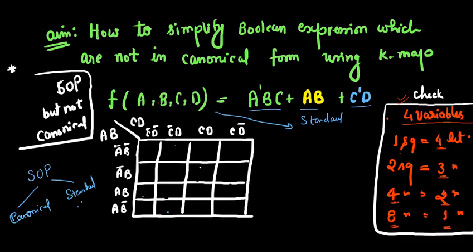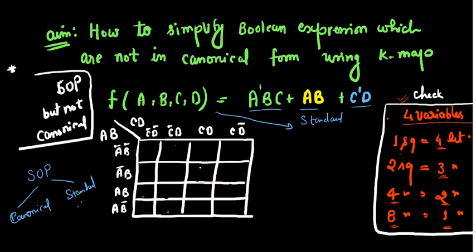So here it is written A prime B C. We need to first see where we can find A prime B. This whole row corresponds to A prime B. Then we have to see C, where C is 1. So A prime B, this whole term, and C is 1 here.